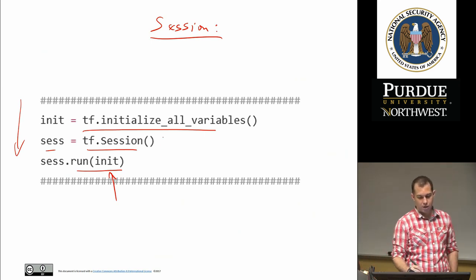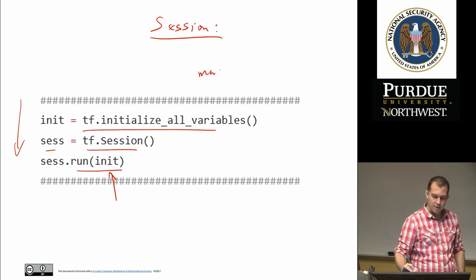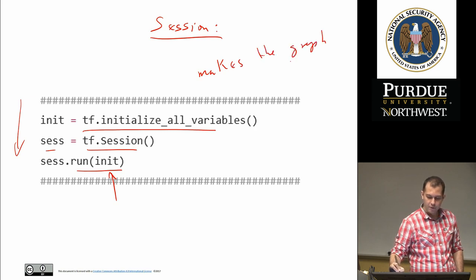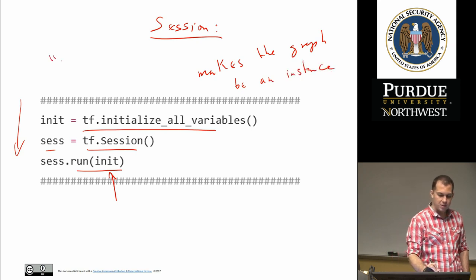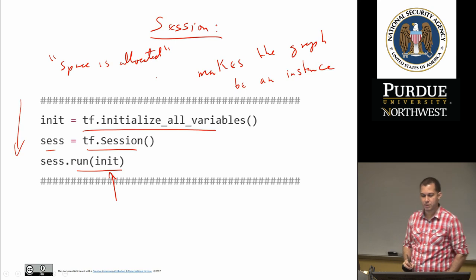So this follows directly after the previous code, and it now makes the graph an instance, let's say. Think of it as the space is now allocated in memory.